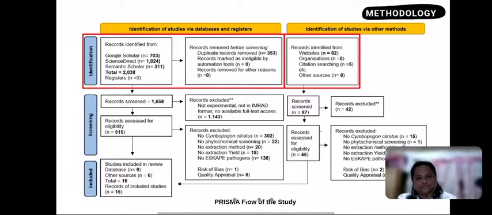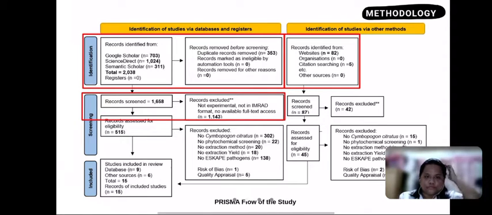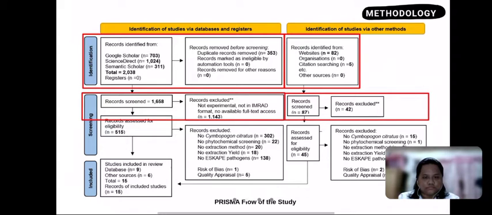For the first set of criteria, those which were not experimental and not in IMRaD format, as well as those with no full access, were excluded, amounting to 1,143 records removed among the databases, leaving 515 records for further eligibility assessment, while with the other records from websites and citation searchings, 42 records were excluded, leaving 45 to the next eligibility assessment.